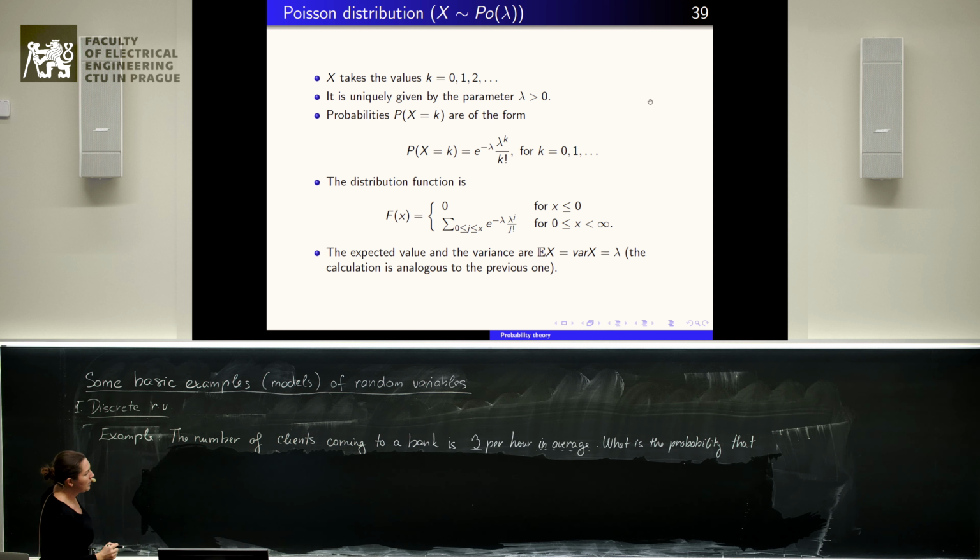And we can transform this example in the following way.